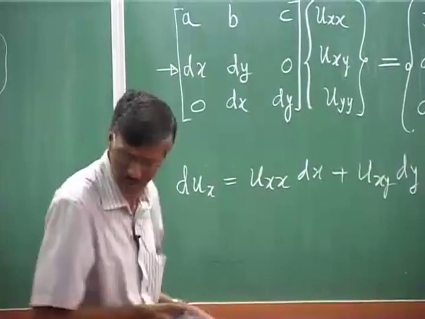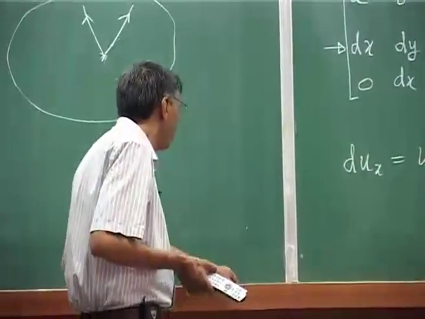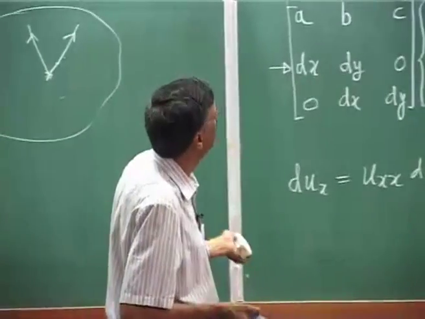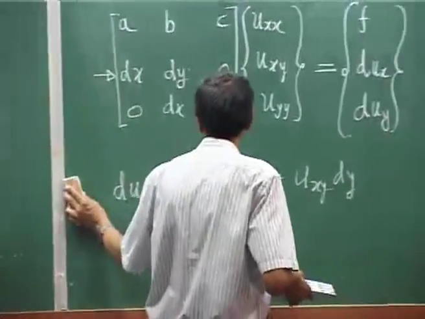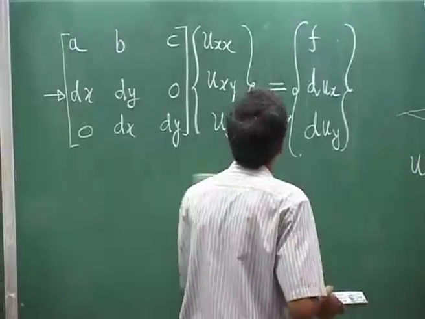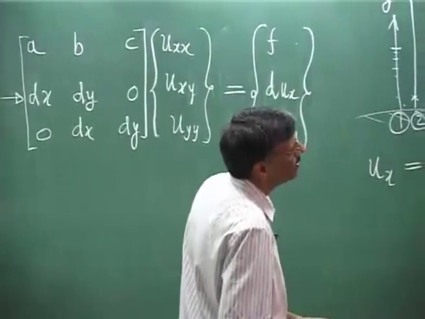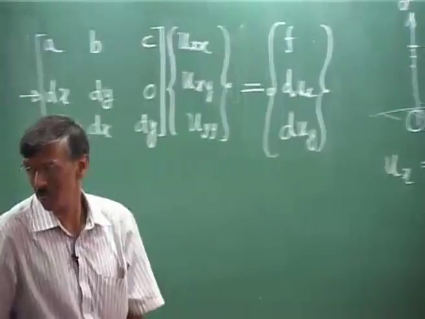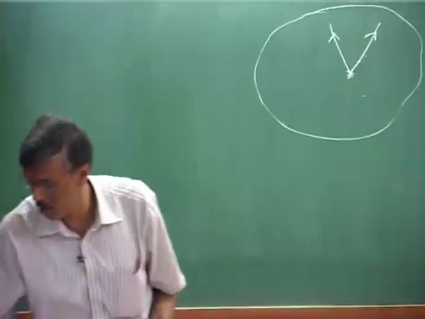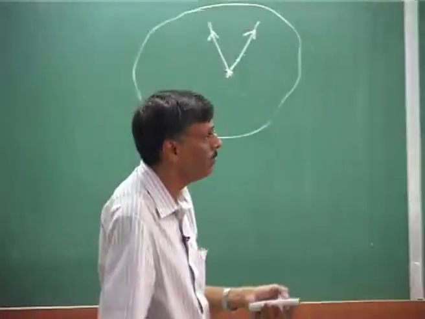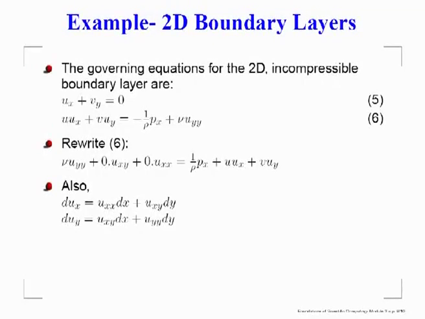Now, what we have obtained in boundary layer approximation was, if you recall, that we actually dropped one single term here, that was nu times u x x.